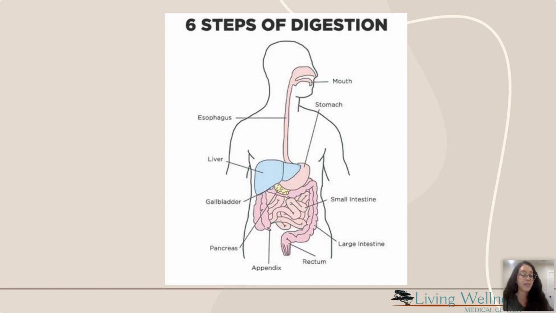Then the food travels down the esophagus into the stomach. We have stomach acid there that is released to break down that food. We want a good amount of stomach acid, not too little and not too much, to break down that food so it can then travel to the small intestine, and that's where most of our nutrients get absorbed. Then it goes through the large intestine.